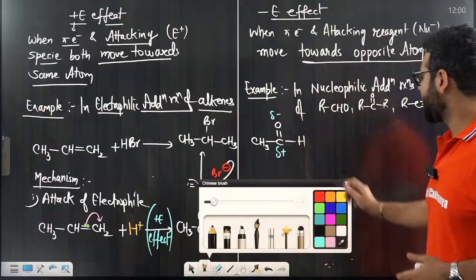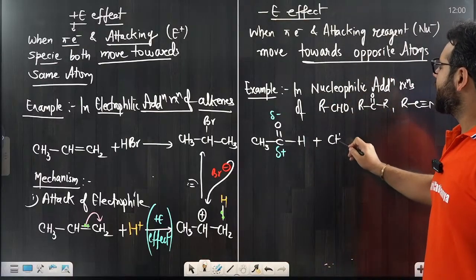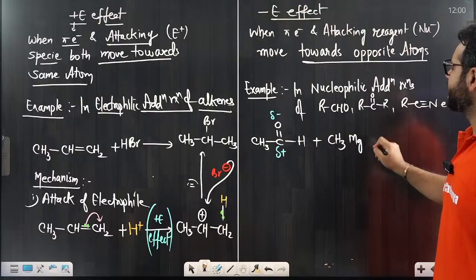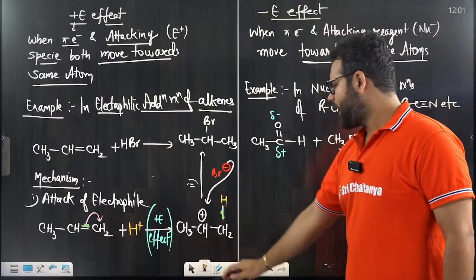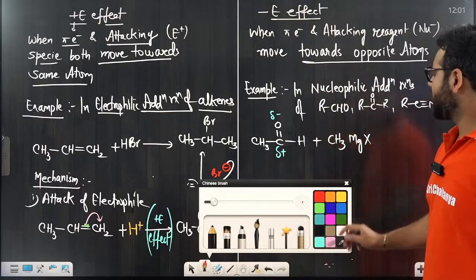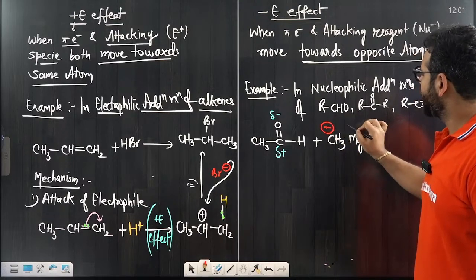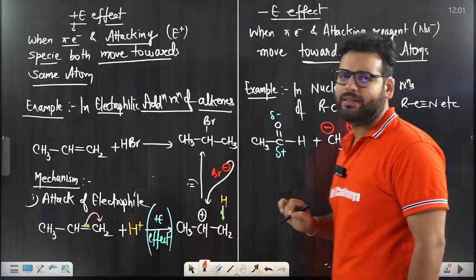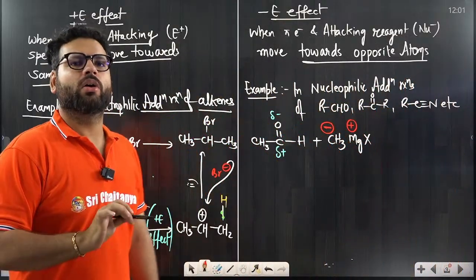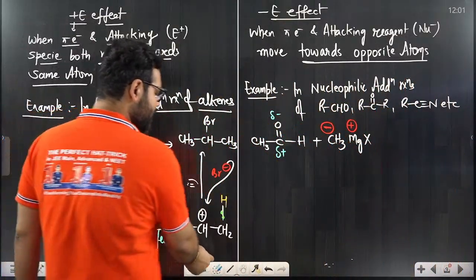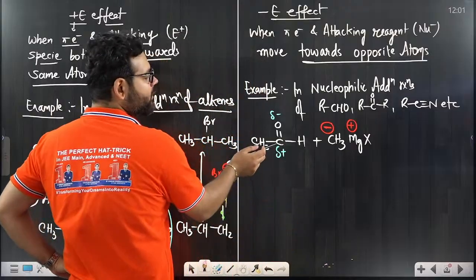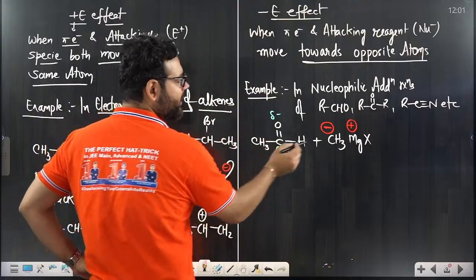Now we have taken Grignard reagent. Grignard reagent is RMgX, where the alkyl part is actually a carbanion, it is electron rich, and the MgX part is electron deficient. So what will happen? Carbon says, I want some electron-rich person to attack me and give me some electrons.